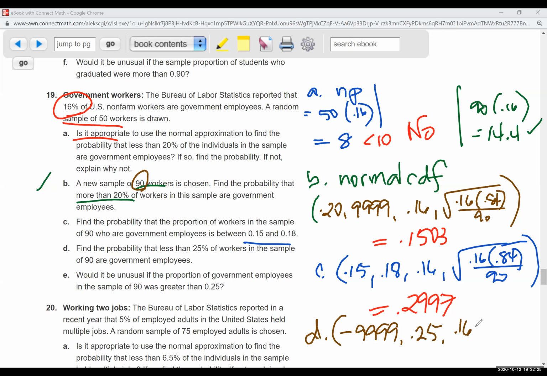Then you have the same mean and standard deviation here: 0.16, 0.84 over 90. And your answer? Yes, very good. 0.9901.